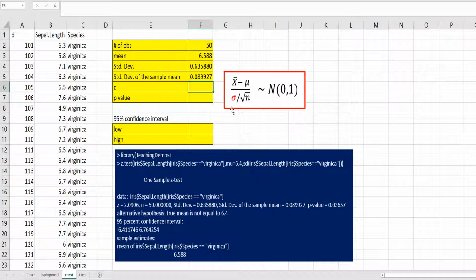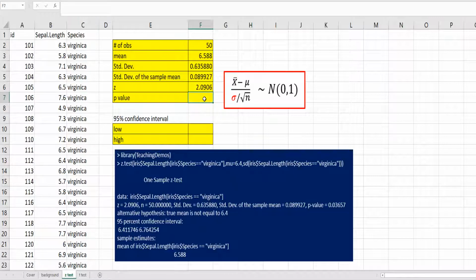So the Z value can be calculated by x bar minus 6.4 over sigma, which is from here, over the square root of the number of samples. Right. This Z value is equal to our output.